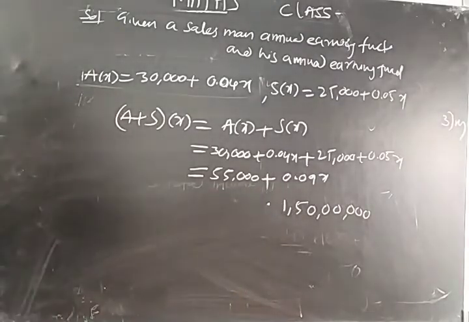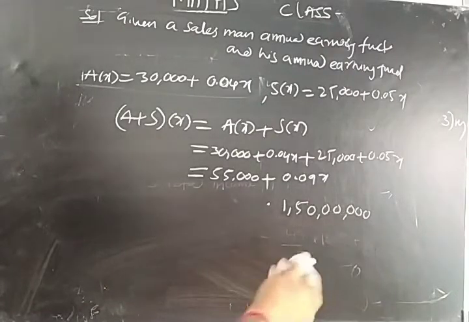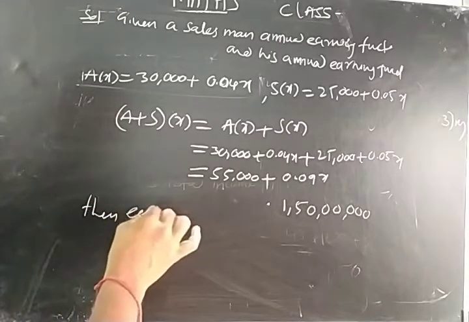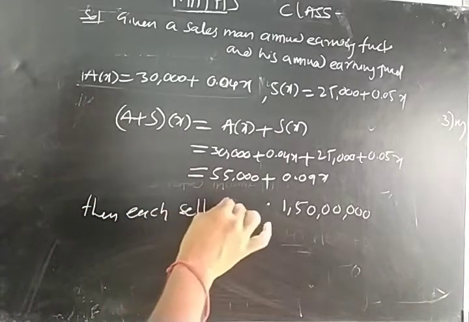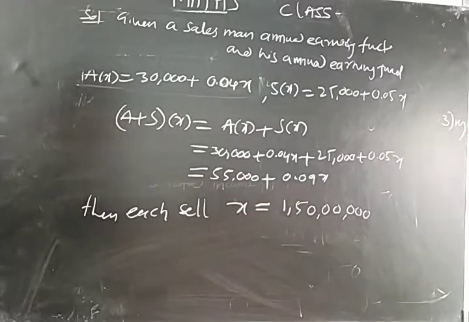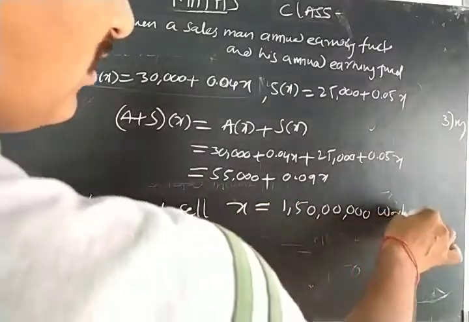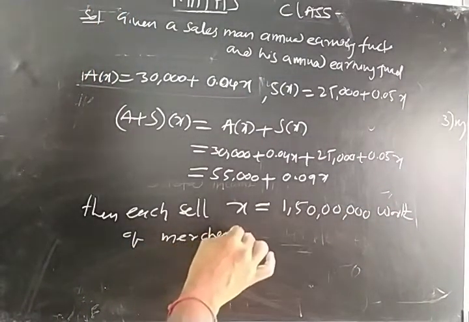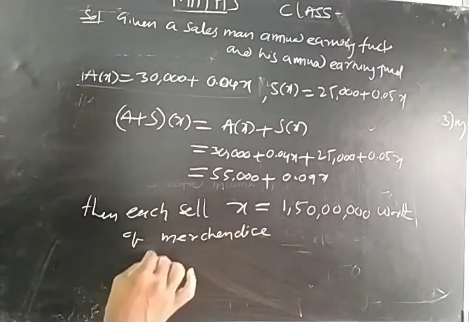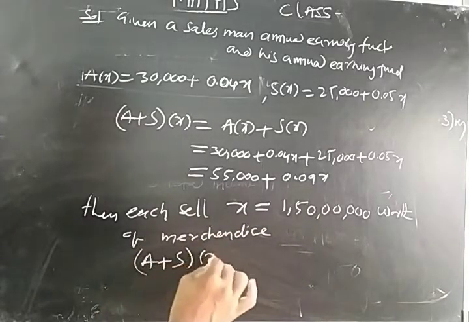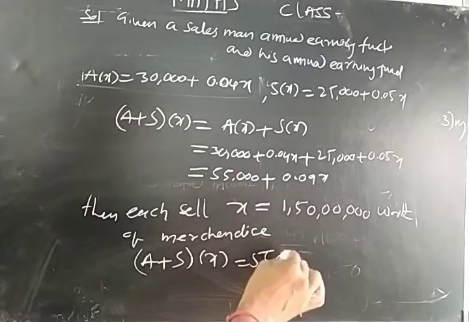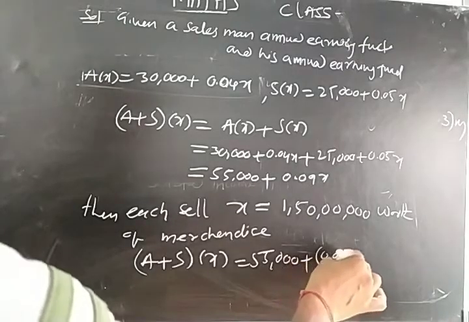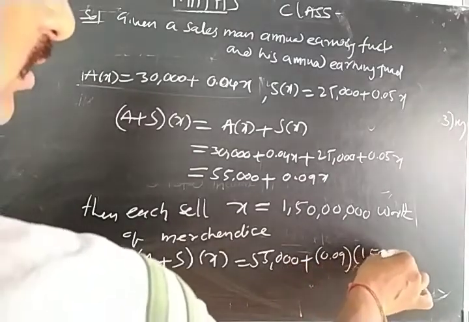So if each sells 1 crore 50 lakhs, then the annual income will be, they each sell x equal to 1 crore 50 lakhs worth of merchandise. Then A plus S of x is equal to 55,000 plus 0.09 into 1 crore 50 lakhs.